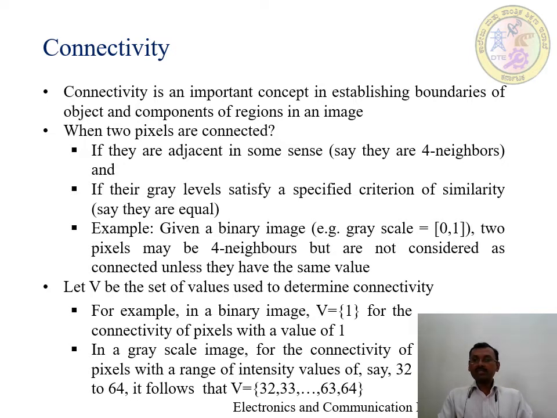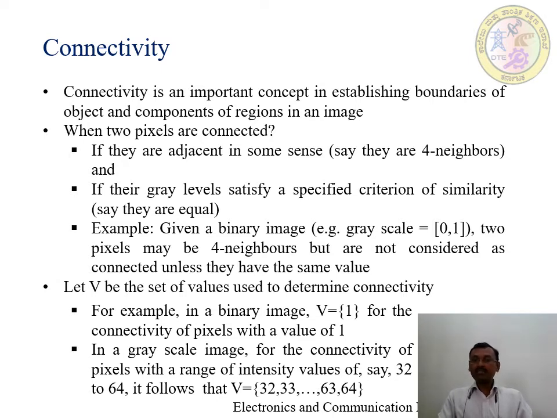So connectivity is another concept in establishing the boundaries of an object and components of regions in an image. When two pixels are connected, and if you assume that the pixels are adjacent in some sense, let us say 4 neighbors, and if their gray levels satisfy a specified criterion of similarity, let us say the gray levels are the same or equal, then you say that the two pixels are connected.